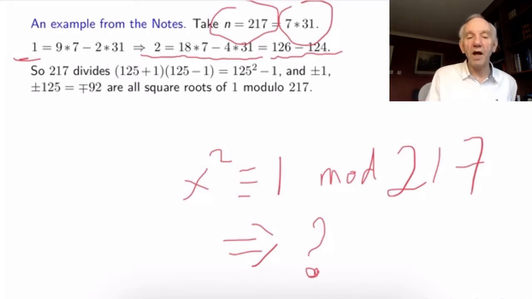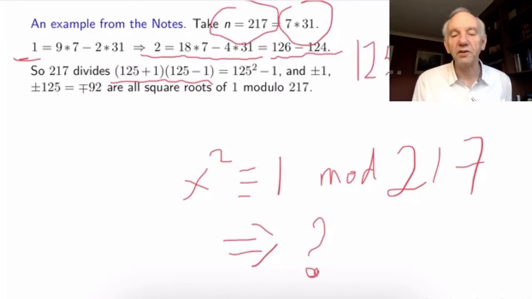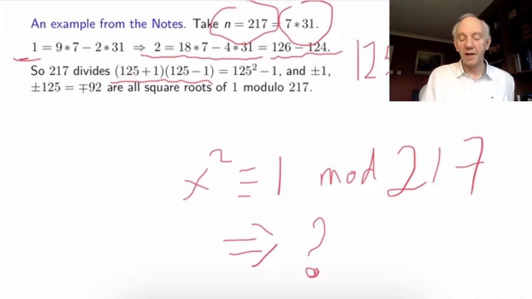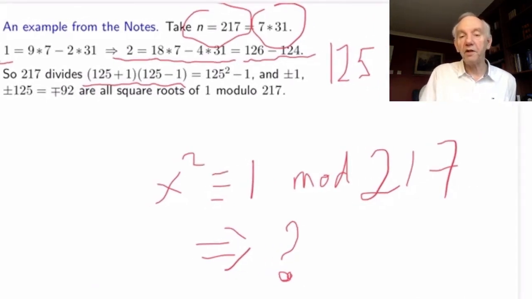And said another way, that means that 217, which is the product of those two primes, divides. You split the difference here and you take the difference of 125 as being the number halfway between 126 and 124. That's why I doubled it. 125 there, it's hidden there.